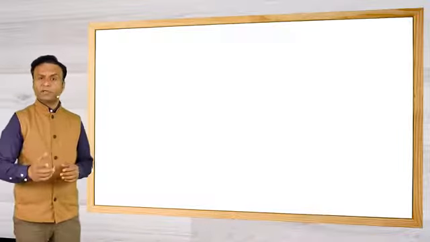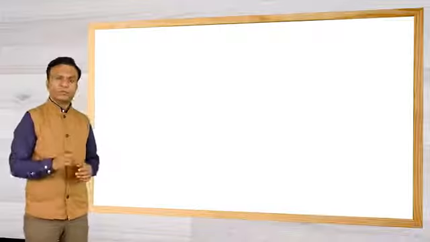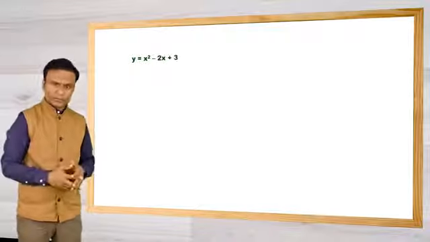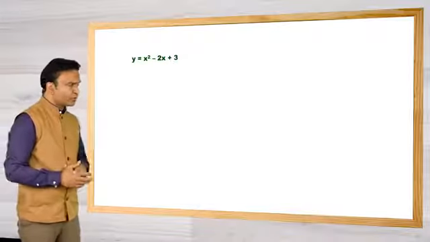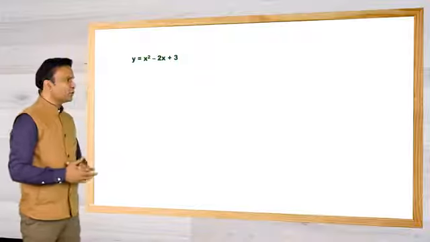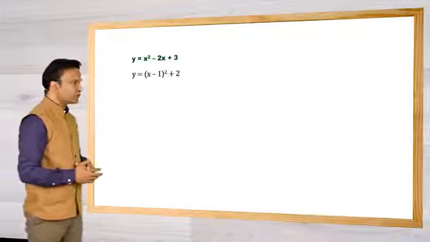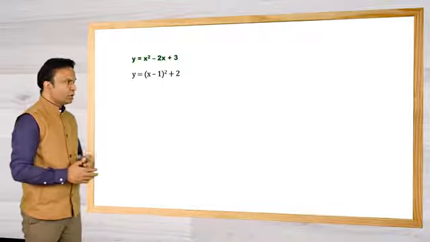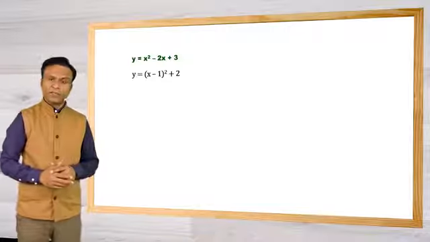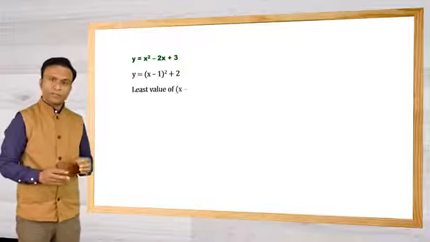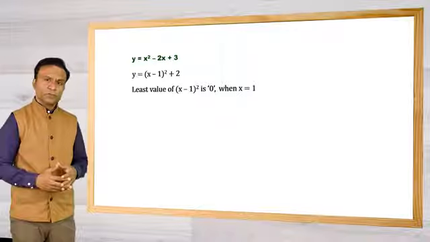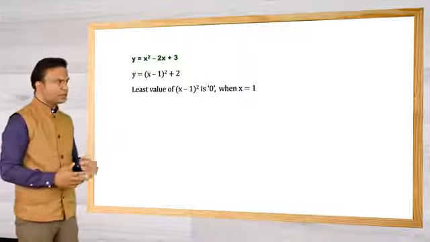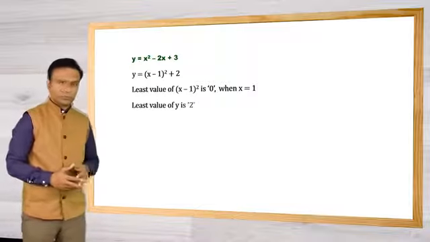Consider a more general quadratic function y = x square minus 2x plus 3. With a little simplification, we can put this function as y = (x minus 1) square plus 2. Now, the least value of (x minus 1) square is 0 when the value of x is 1. So, in this case, the least value of y is 2.